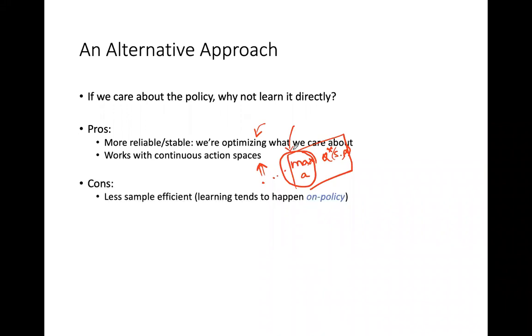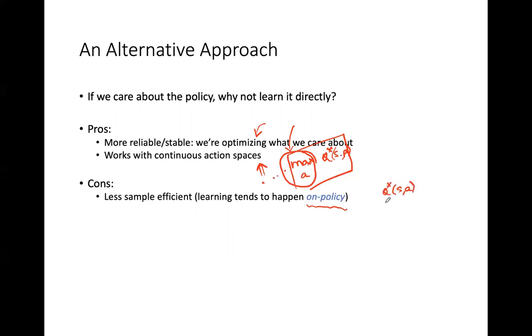The downside is a little more subtle, and it happens to come from the fact that learning a policy directly in general leads you to creating what are known as on-policy learning algorithms. And what that word means is basically that the way I improve my policy is by using experience collected using that policy, right? So when we talked about Q-learning just a second ago, we didn't have that restriction, right?